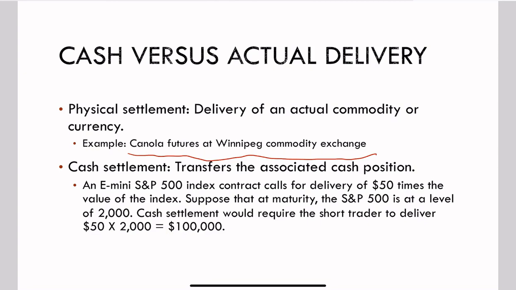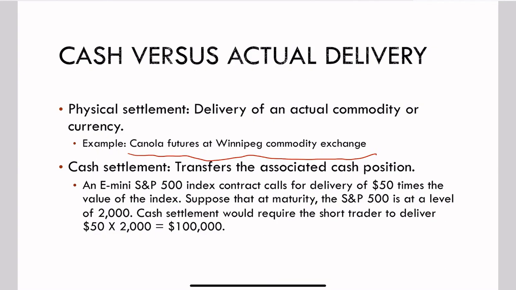Sometimes people would joke about this. They would say, hey, if you take a long position in this canola futures, then overnight after you wake up, you will see 2 tons of canola lying in your front yard.